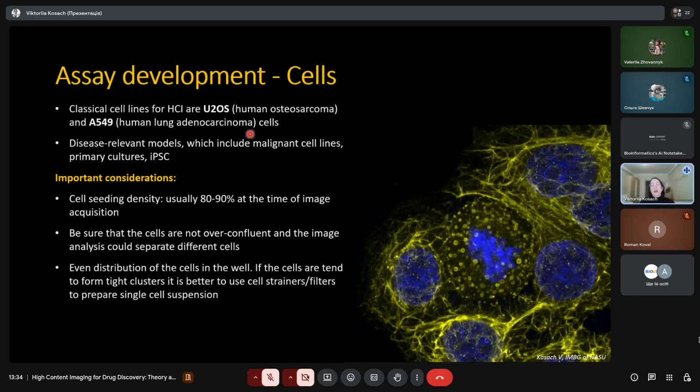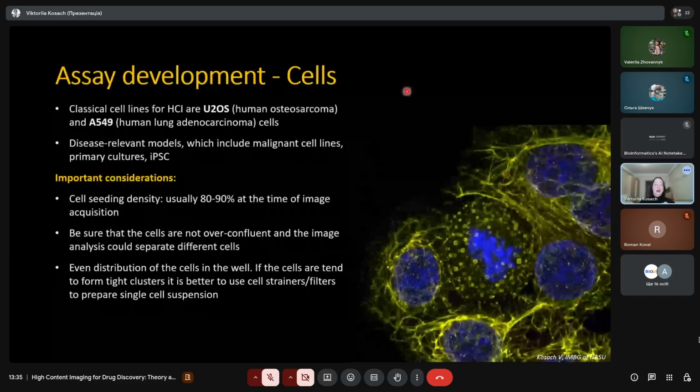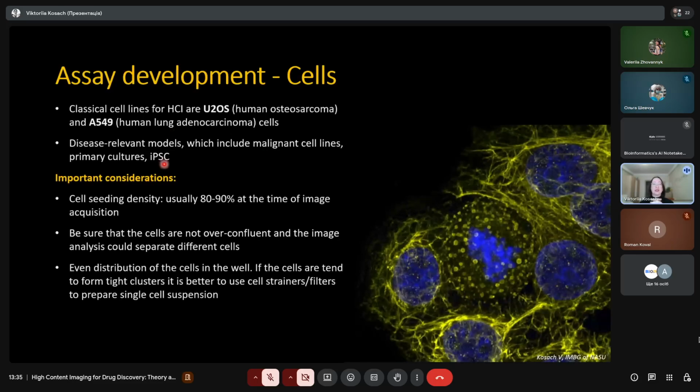They are used in such image-based assays because these cells are very large, they are flat, and they have a lot of cytoplasm area in which you could define your organelles precisely. However, these cell lines are not good for any disease models you are interested in if it's not oncology. So you will consider other ones like primary cultures or iPSCs.